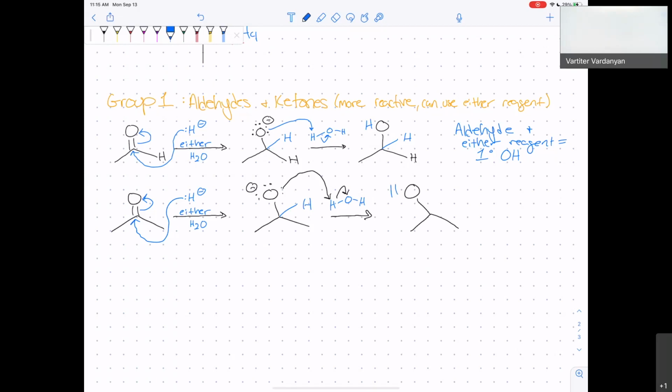So what kind of alcohol did we make now? A secondary, because now we have 2 carbons here. So we can say in summary that a ketone plus either reagent equals a secondary alcohol.